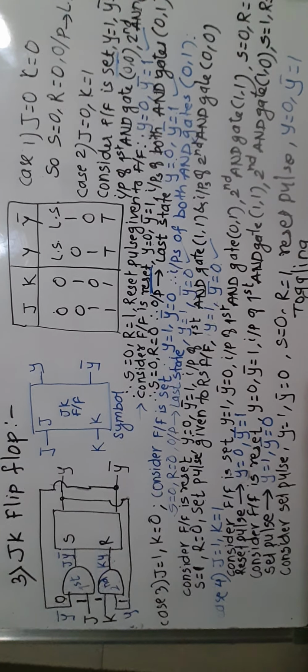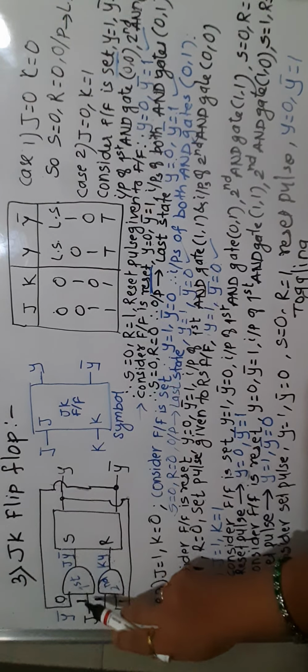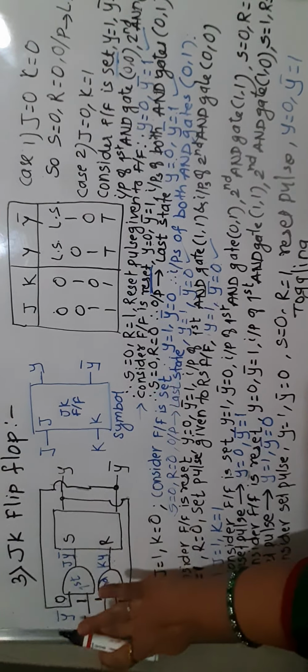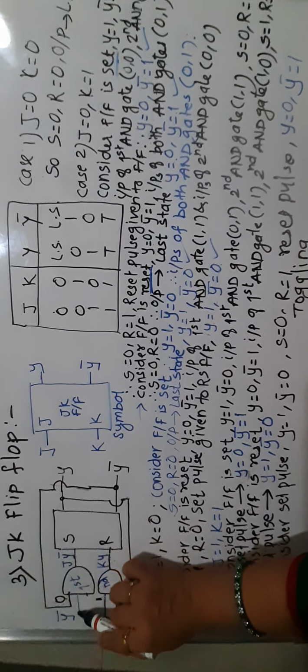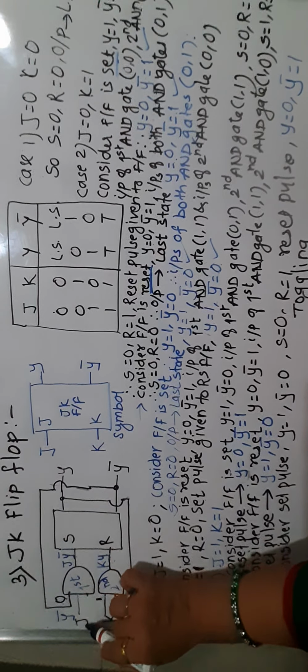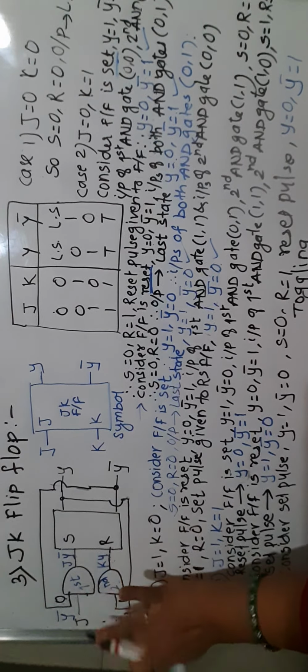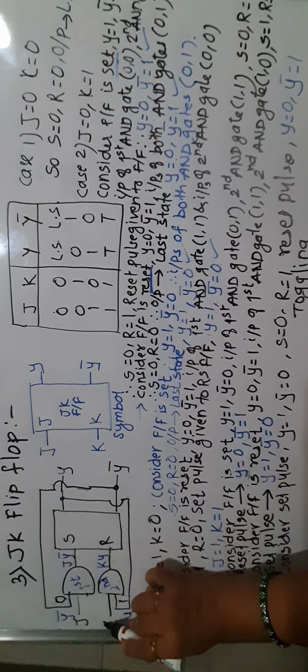In the exam, if clock JK flip flop is asked, then we have to make some small change. Just we have to show the clock signal. I will shift this line of J to the upper side. This is J. I will shift K to a slightly lower side.